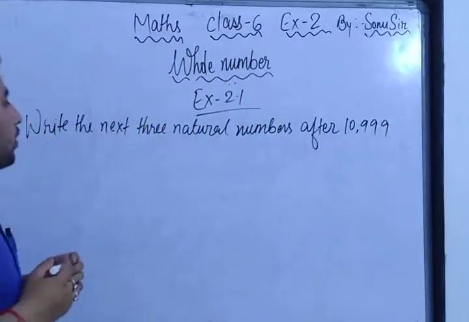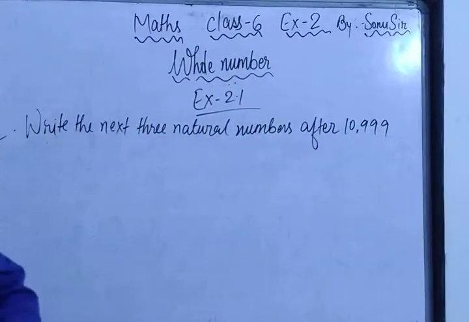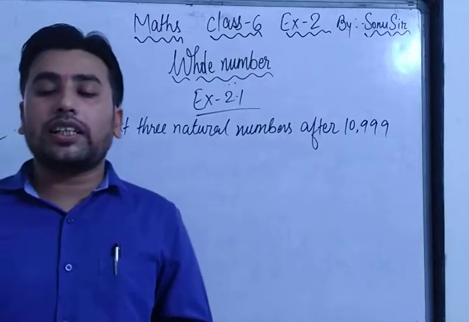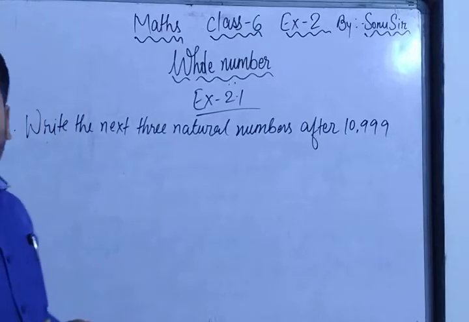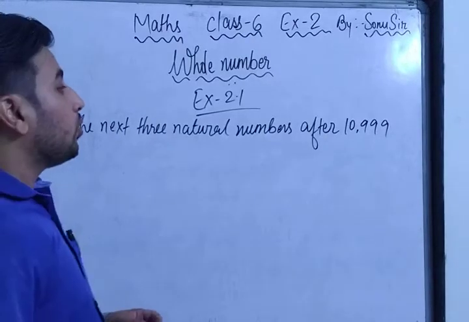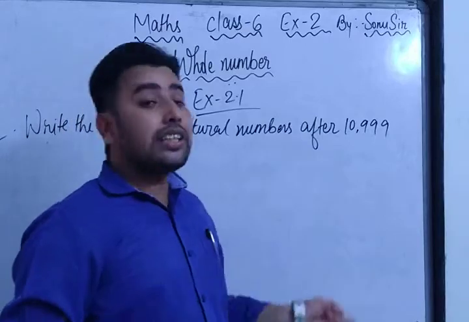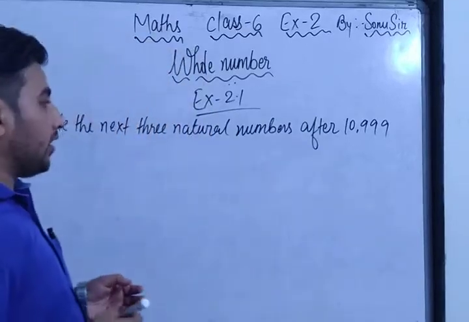The question wants to say that you have to write the next 3 natural numbers after 10,999. It means we have to find the successor, three times, of 10,999.